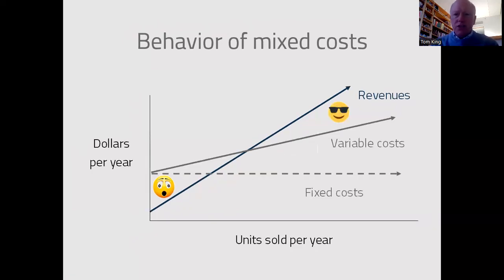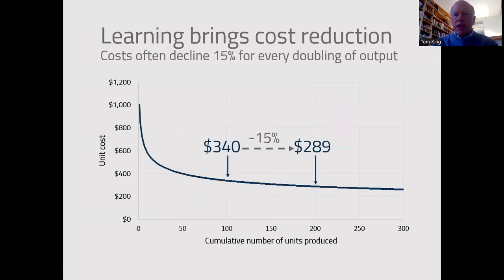Now, most businesses have a combination of fixed and variable costs. So break-even volume would be right here as sort of a function of the two types of costs. One thing to think about, though, is some costs are subject to learning. So academics have seen that costs often decline by perhaps 15% for every cumulative doubling of output.